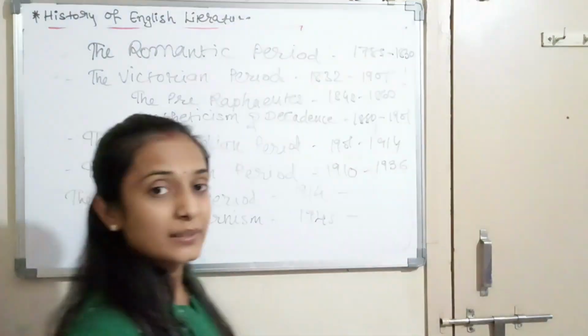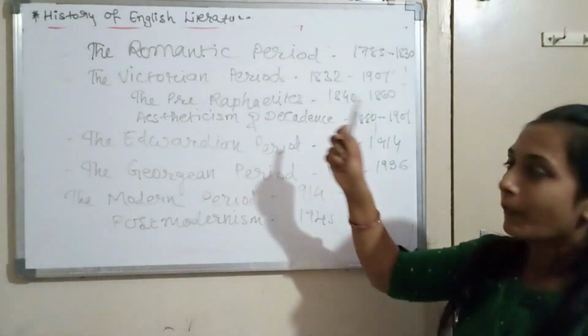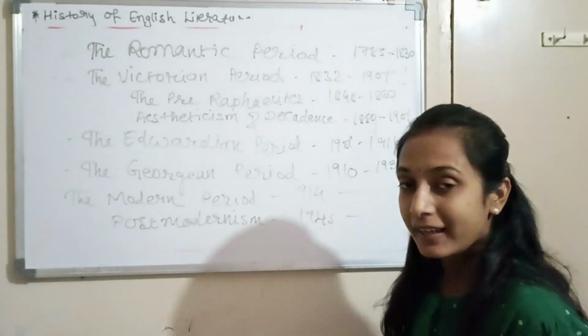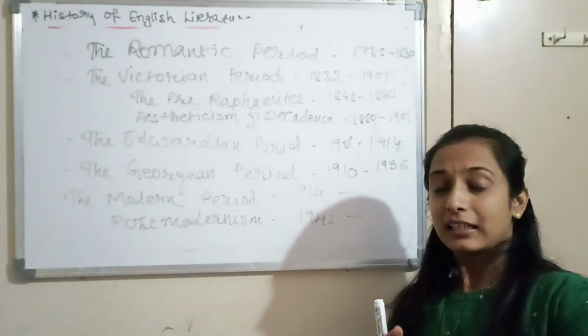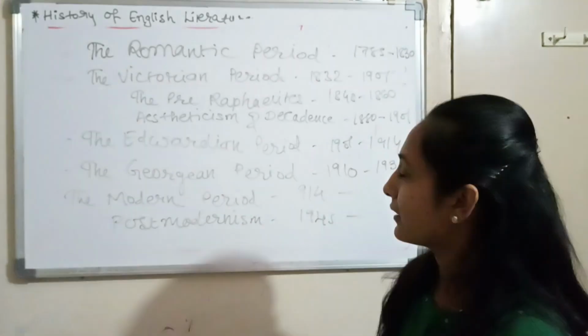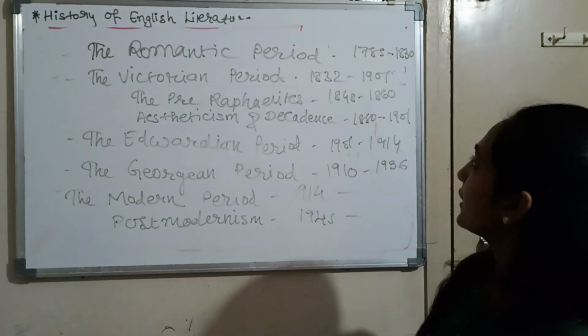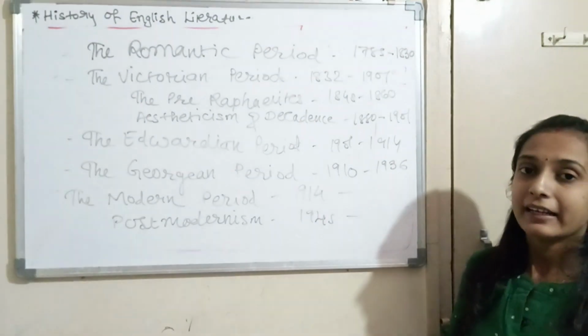So after the Age of Sensibility, we have the Romantic period, our favorite one, which leads us to nature, which keeps us imagining that we are there. The Romantic period began from 1785 and lasted till 1830.